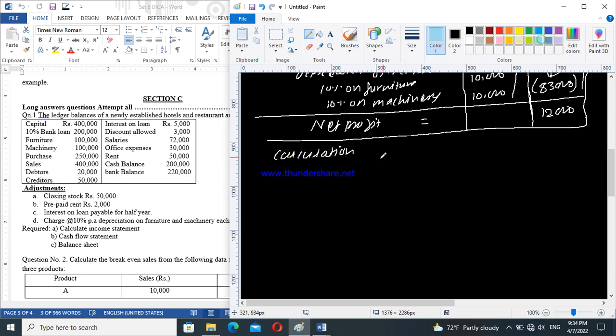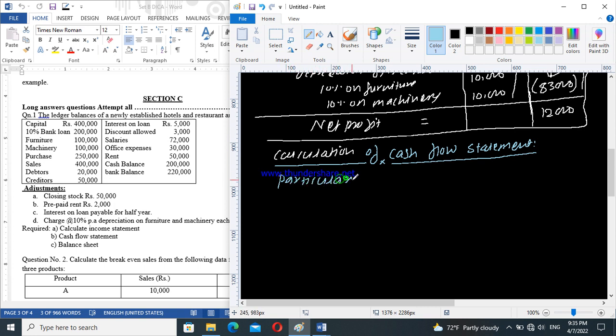Calculation of cash flow statement. Particulars, amount.